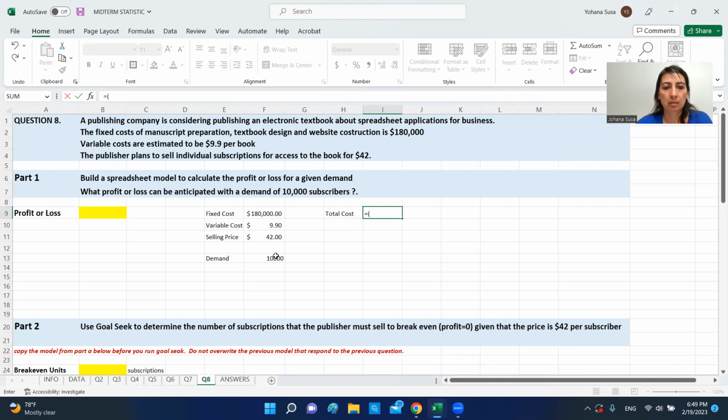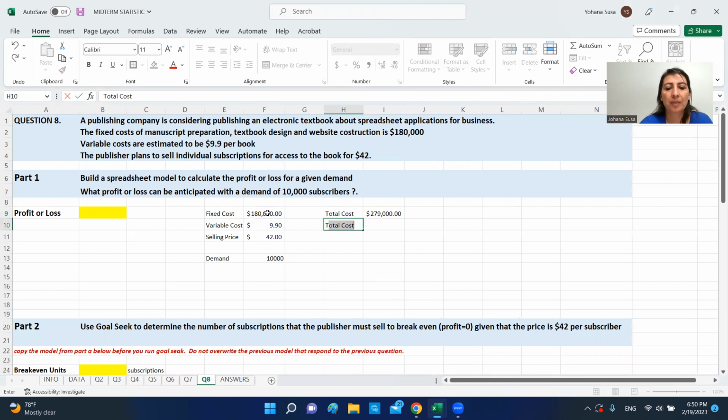So let's add this plus the variable. No, never mind. So we're gonna do variable times the demand plus the fixed.